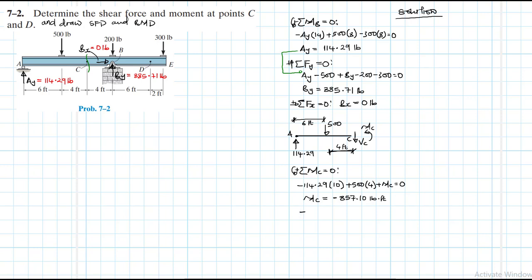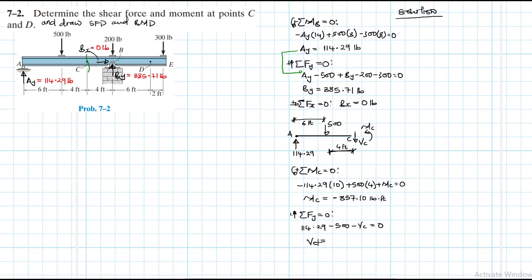All right. So let's find the other one. So we have summation of forces in the y direction equal to 0. What do we have? We have a plus 114.29 minus 500 minus VC equal to 0.